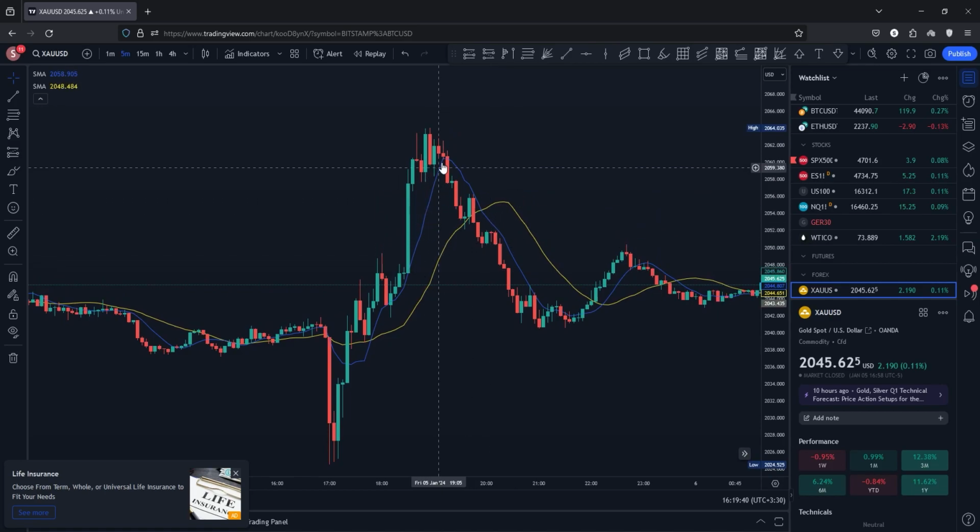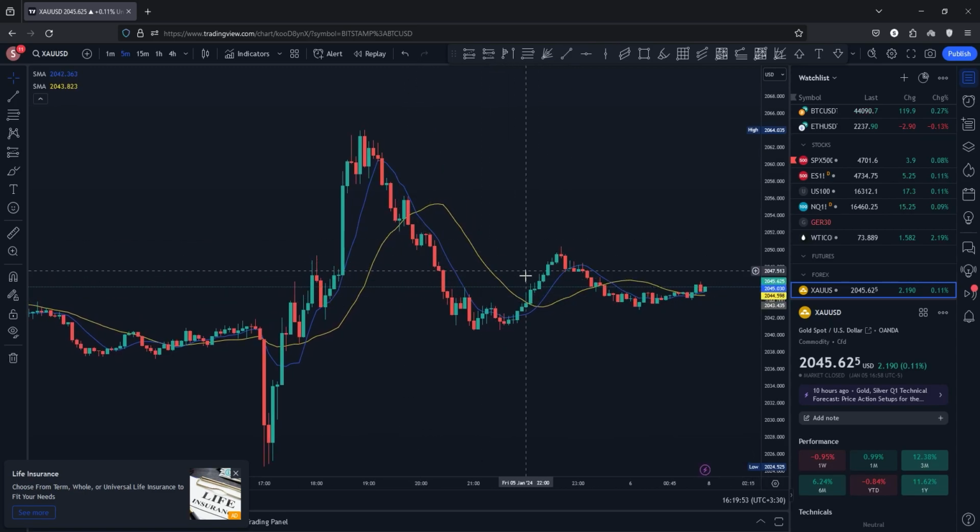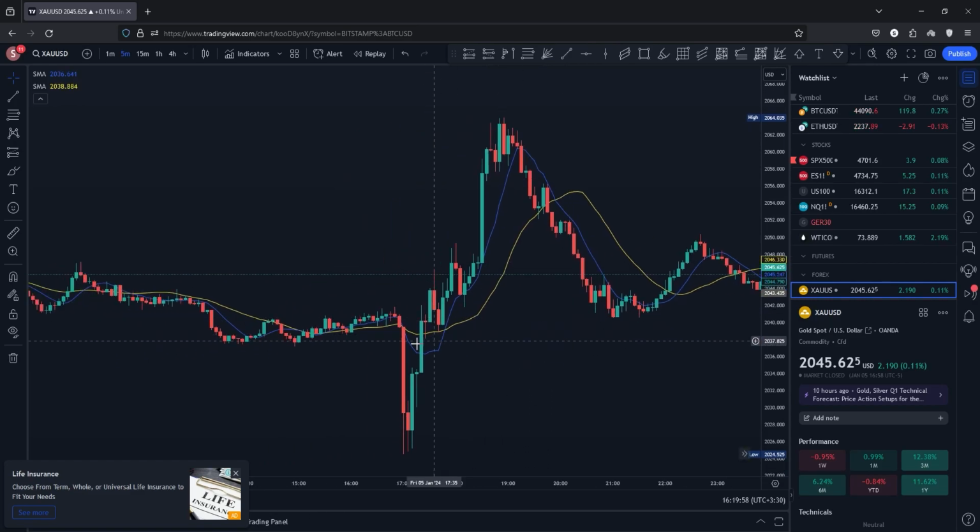As you see, it's a little late to enter this trade, but it can give you a good profit. But it has so many failures.